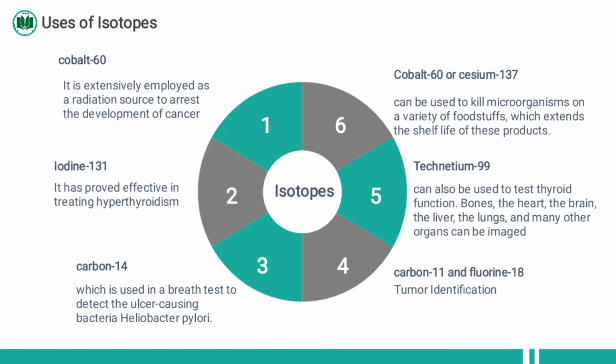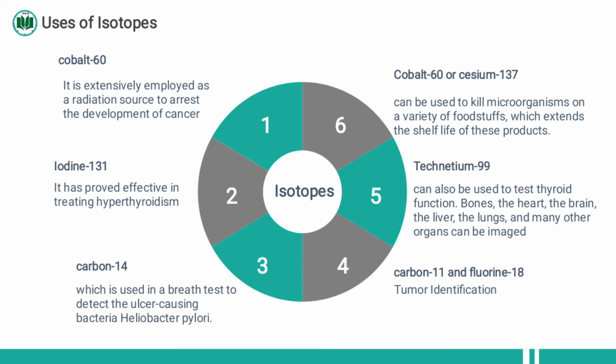Here are the uses of isotopes. As we know, isotopes have great medicinal significance, that's why we use them in our daily life. For example, cobalt-60 is used to arrest the development of cancer. As we discussed earlier, iodine-131 is effective against goiter.